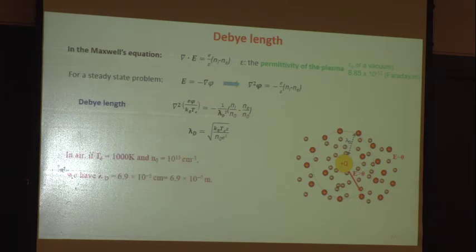If we put in a number, let's say my electron temperature is 1,000 Kelvin, and my number density is about 10 to the 13, which is about 1 ppm, then the Debye length will be less than 1 micron. You see, it's very small.